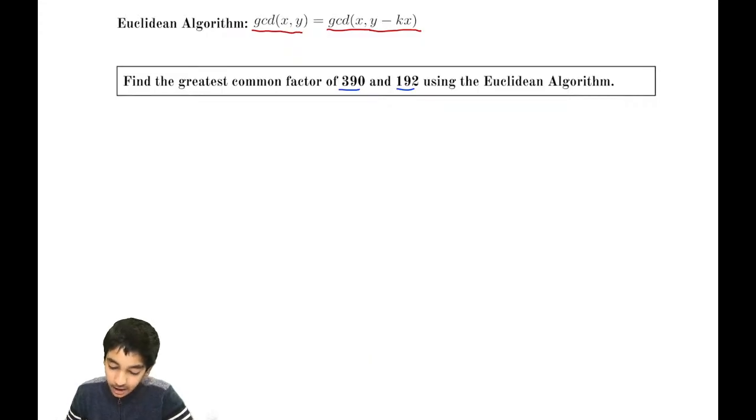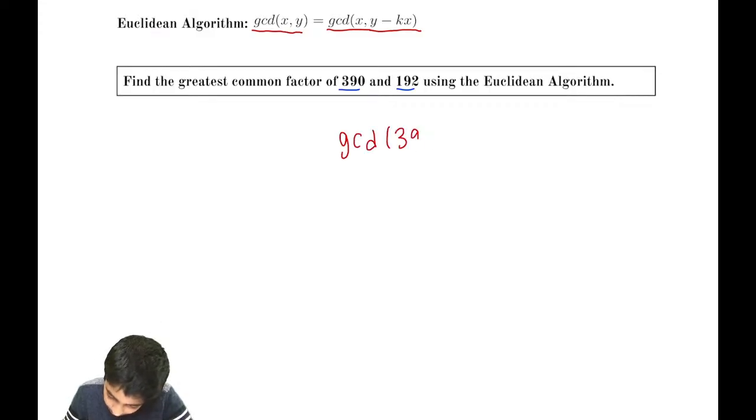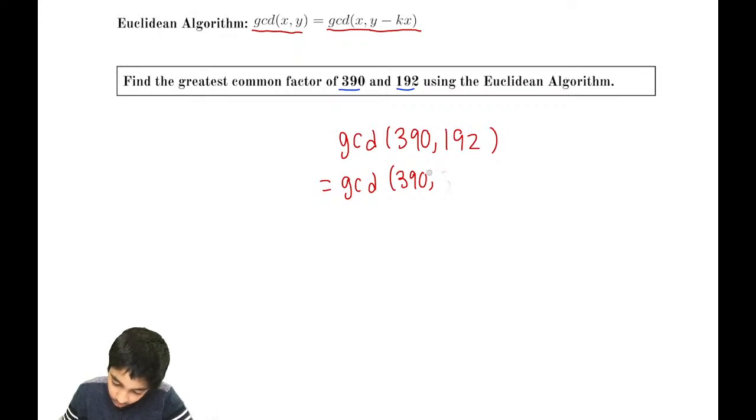So as you can see here, we've got the greatest common factor of 390 and 192. So how can we find the value of that? The idea here is that the GCD of 390 and 192 is just going to be equal to the GCD of 390 minus 2 times 192, and then 192, right?